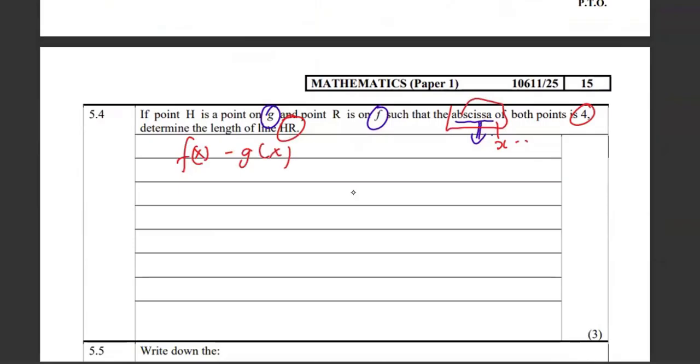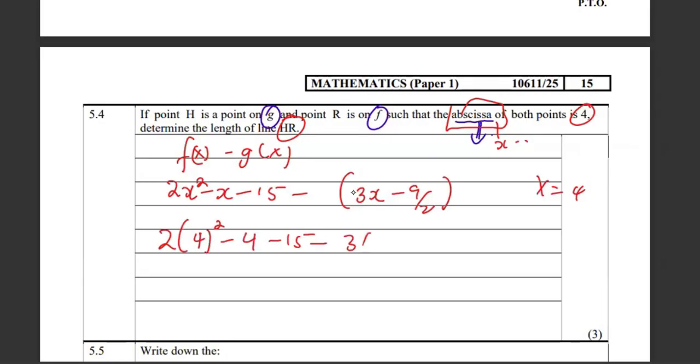Remember, our F of x is 2x squared minus x minus 15, minus 3x minus 9 over 2. You can open up, simplify, and maybe substitute. If x is 4, just replace x with 4. So 4 squared minus 4 minus 15 minus 3 times 4 plus 9 over 2, because I'm opening a negative and negative. When I punch that, I'm getting 5.5, or basically 11 over 2 units.